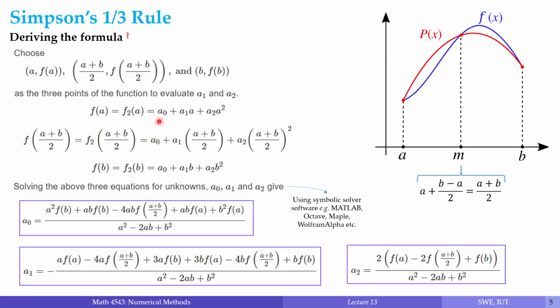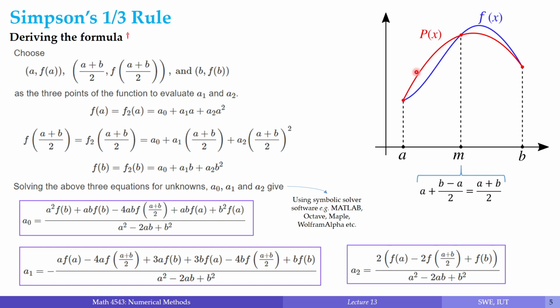In order to come up with the values of three unknowns, we need three equations. How can we do that? We know for sure that our polynomial, f sub 2 of x, passes through three points. The first point is a comma f of a, where the abscissa is a and the ordinate is the functional value f of a.